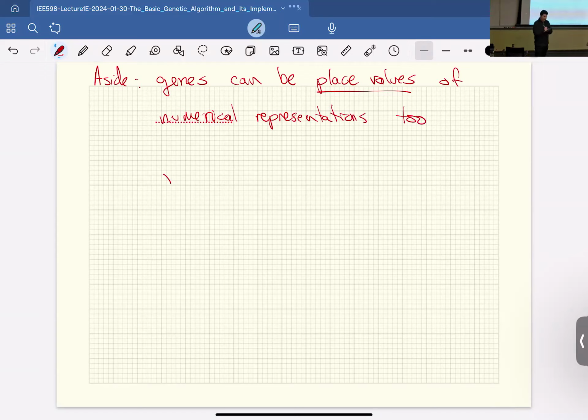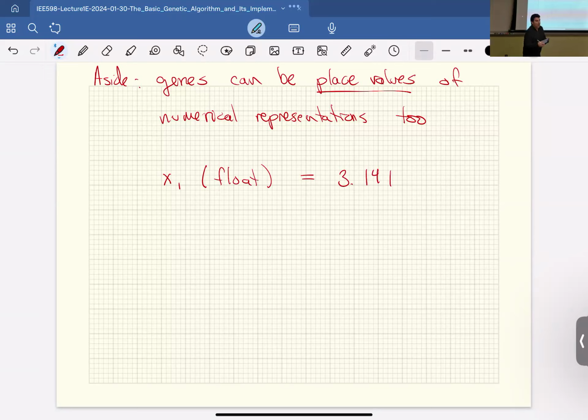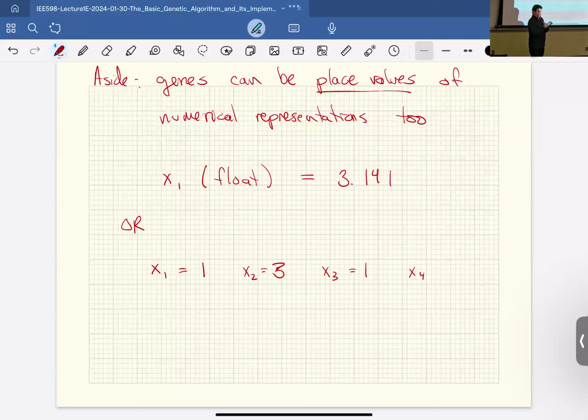So you could have a gene like X is a float, and its particular allele is 3.141. Or you could break that up into multiple genes, where X1 is 1 because it's positive, X2 is 3, X3 is 1, X4 is 4, and X5 is 1.